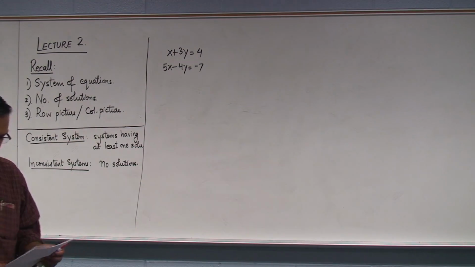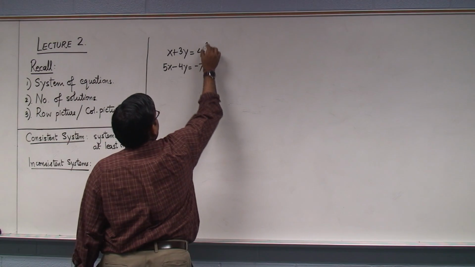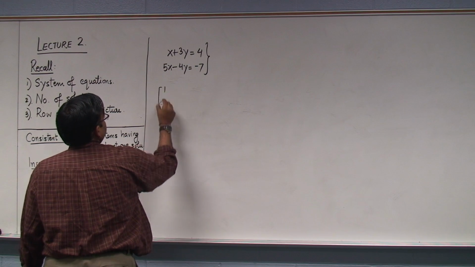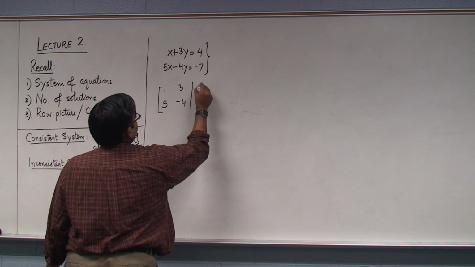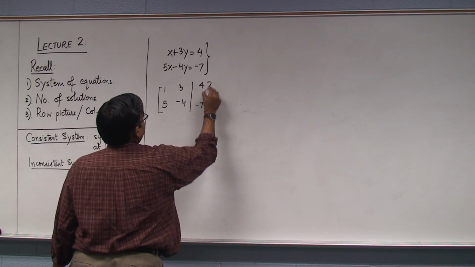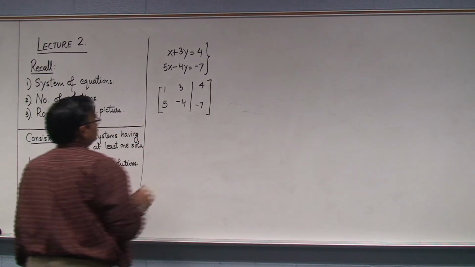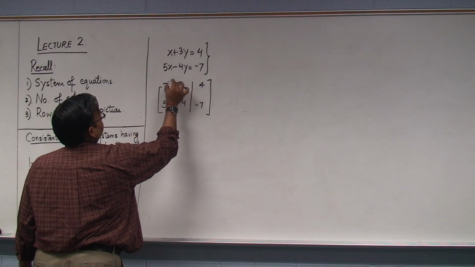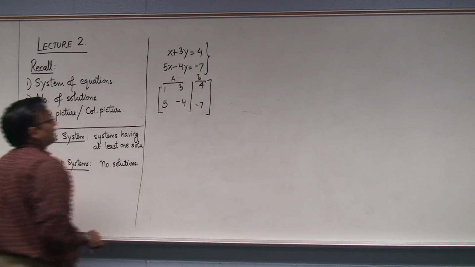So given this system of equations, we had talked about an augmented matrix. This is the augmented matrix we have referred to. This is what we call the coefficient matrix, and this was our right-hand side vector b.